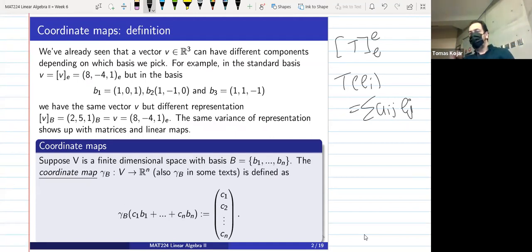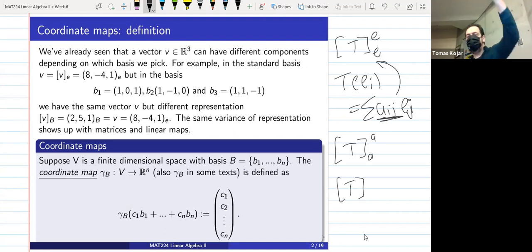So all these entries become the matrix representation. It's called the standard matrix representation. We'll come back to it. Don't worry. But then you might want some different representations, or maybe when T goes between two different vector spaces, alpha, beta. So the world is vast.